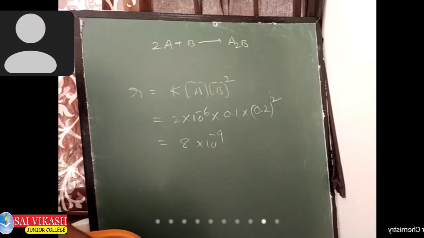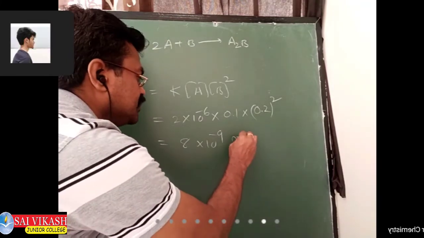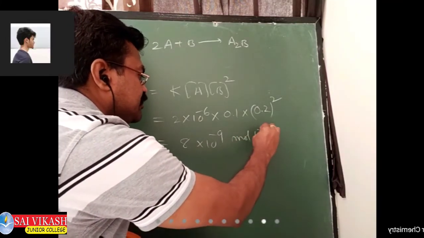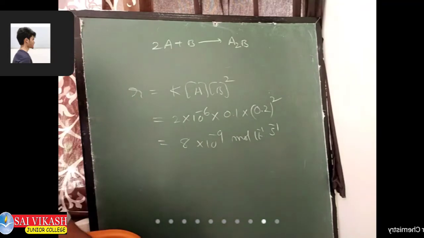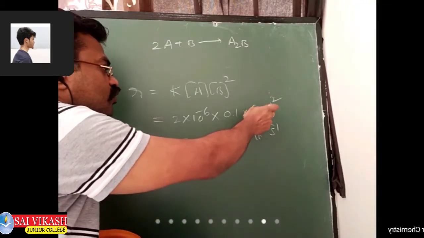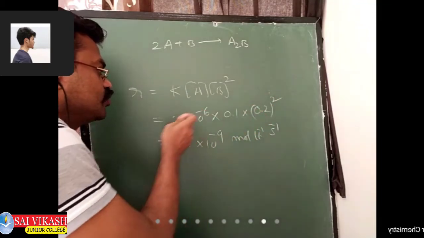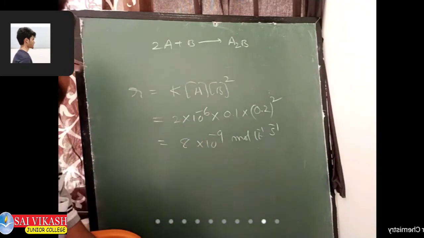This is the initial rate of reaction. The unit of rate of reaction is mole per liter per second. Because 2 square is 4, 4 into 10 power minus 3, 4 2s are 8, 8 into 10 power minus 9 is your answer.